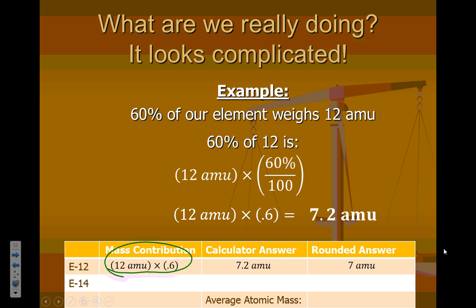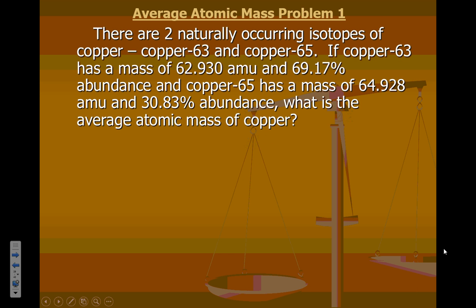It only has one significant digit. So 7.2 AMUs would have to be written as 7 AMUs as our rounded answer. Now remember, when we're multiplying or dividing, it's about rounding to the least number of sig figs. When you're adding or subtracting, it's about the uncertainty. You round your answer to the biggest uncertainty, both of which actually happen in this type of problem, which we'll see in a second.